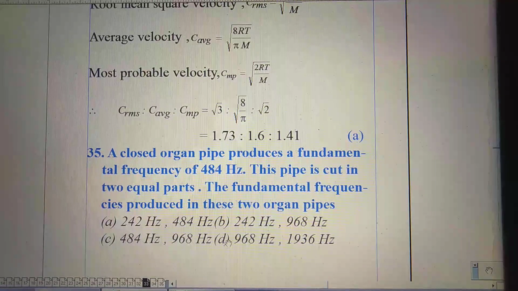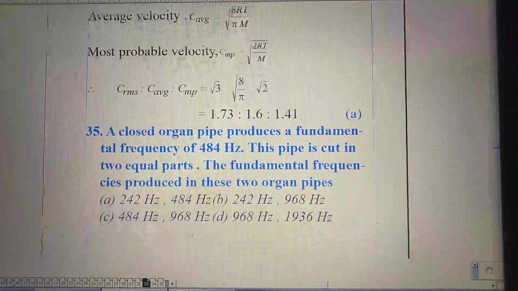Option B 242 Hz, 968 Hz. Option C 484 Hz, 968 Hz. Option D 968 Hz, 1936 Hz. Let's see the solution.